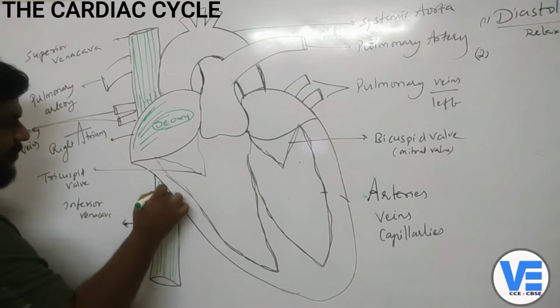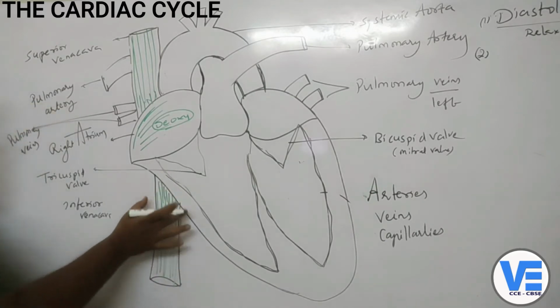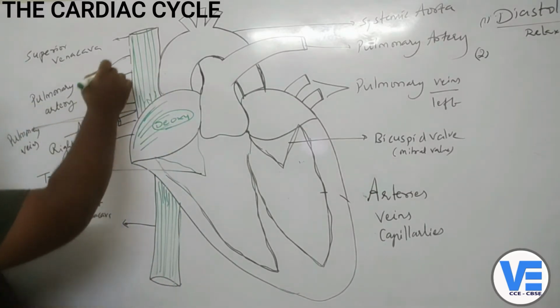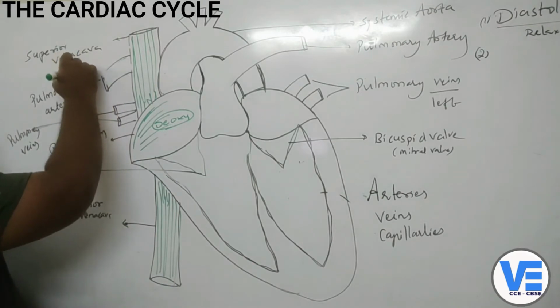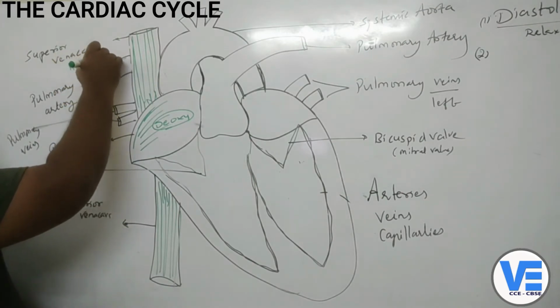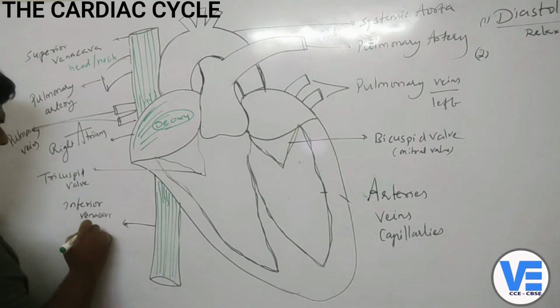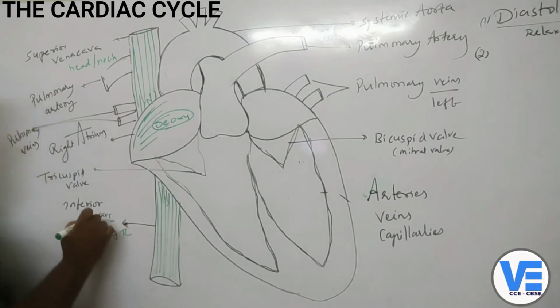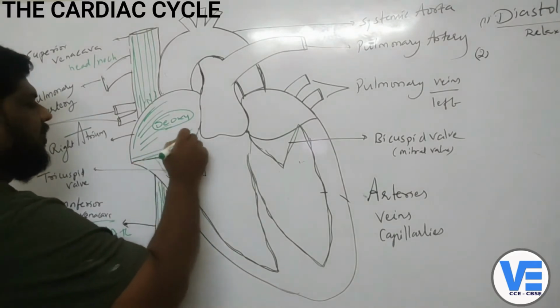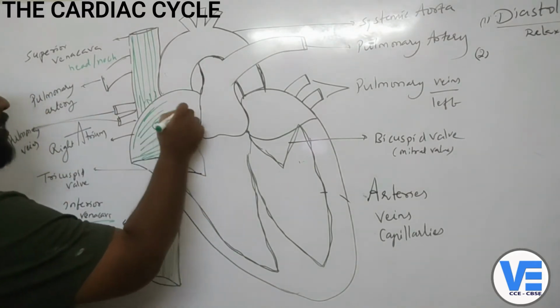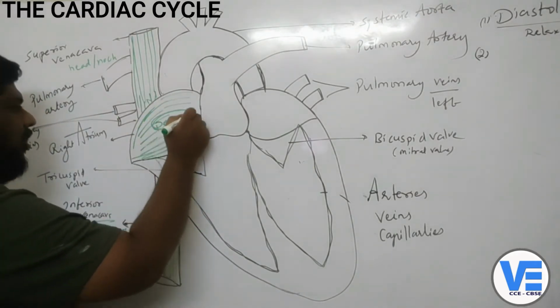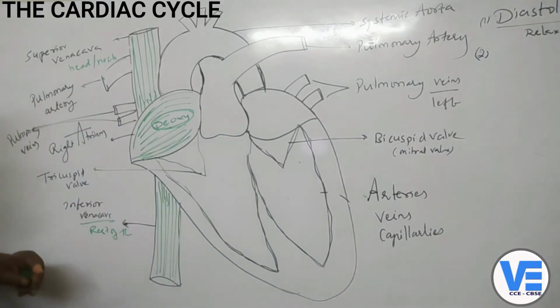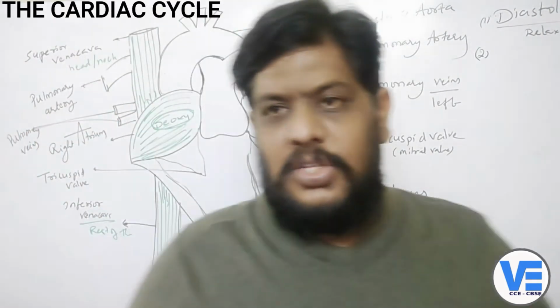Superior vena cava, you already know, brings blood from the head and neck. Inferior vena cava brings blood from the rest of the parts. That means now this particular part is getting filled with deoxygenated blood. And till now there is no contraction.